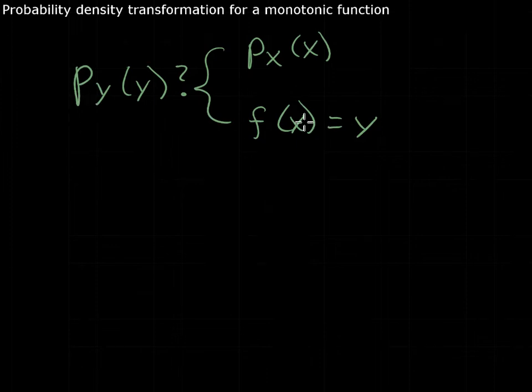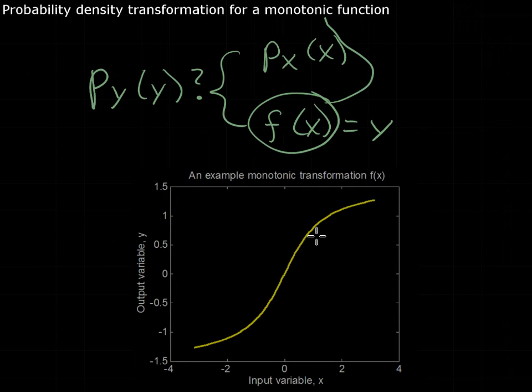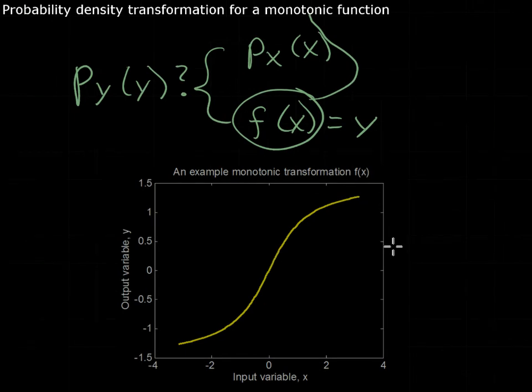This mapping function is defined to be monotonic, meaning there's a one-to-one relation between the x and y values. We'll do an example shortly, and hopefully that will illustrate. So here I've given an example mapping function f of x that will be used to transform input terms x into our output terms y.